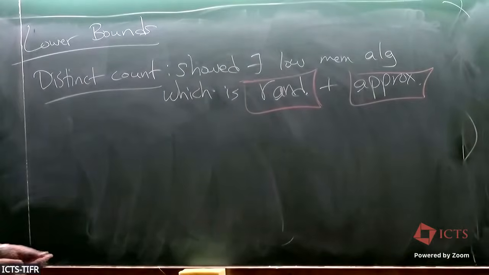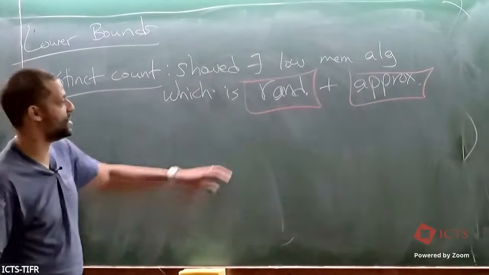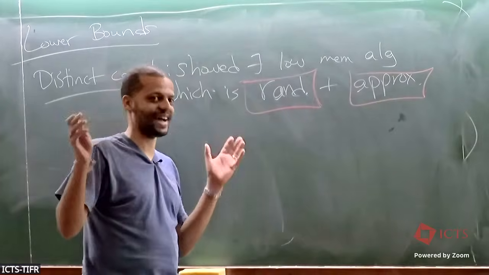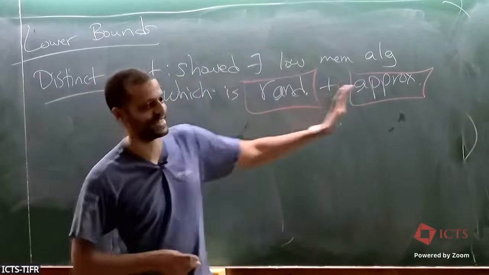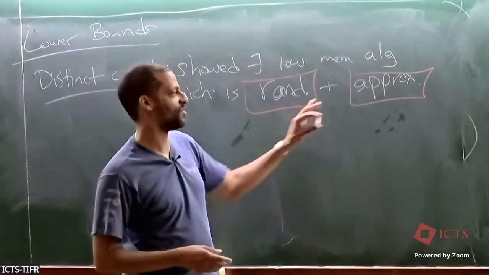So you could ask, do I need to be randomized and approximate? Can I relax one of these? Can I be deterministic and approximate? Can I be just deterministic and exact? Can I be randomized and exact? And you can show all those things are not possible. You basically can't relax either. You need to be both.